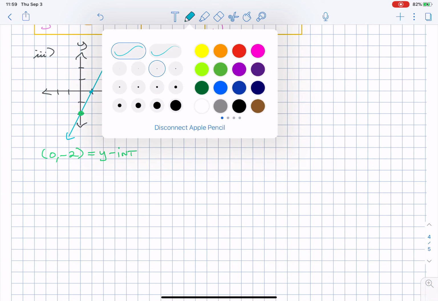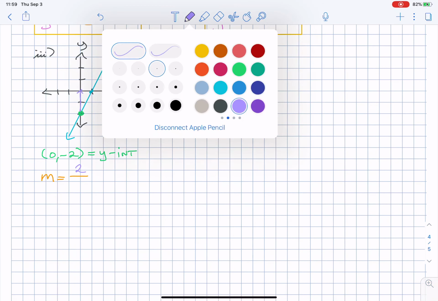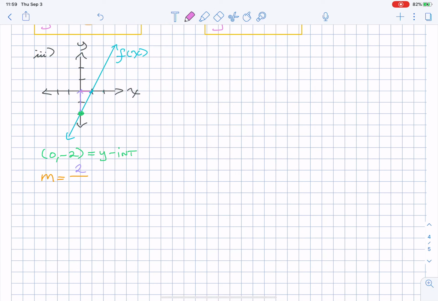Okay, so my slope is going to be rise over my run. So if I rise, it'll be a positive 2. And if I run to this next point, it's going to be 1. So my slope is just 2.